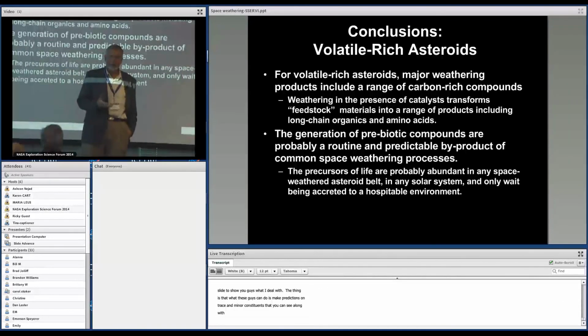And that's something we're trying to work with various meteoriticists to look for, those trace constituents in some of the volatile-rich meteorites. And to some extent, looking at the literature, we actually see that stuff. Whether it comes from this process or not is something that will require a lot more work.